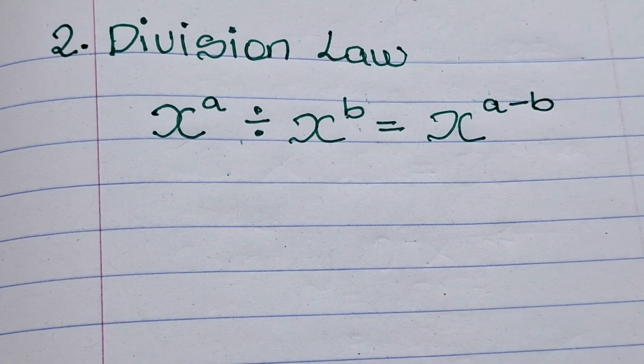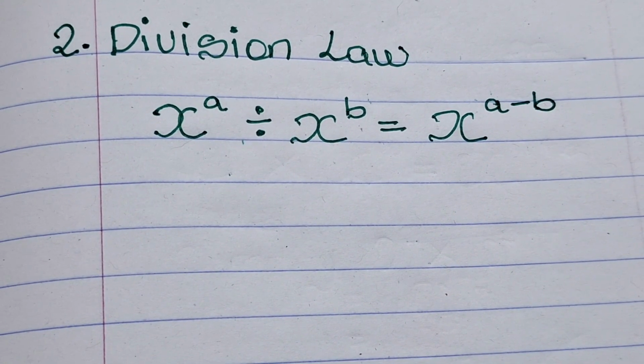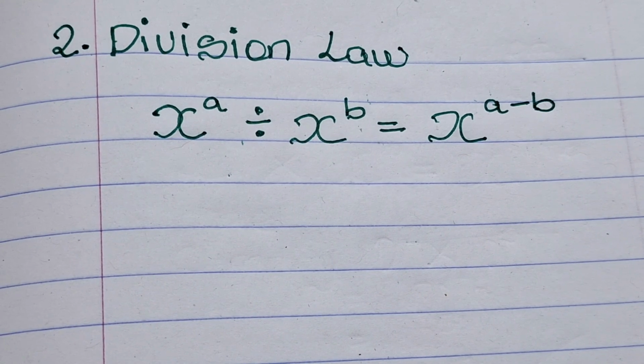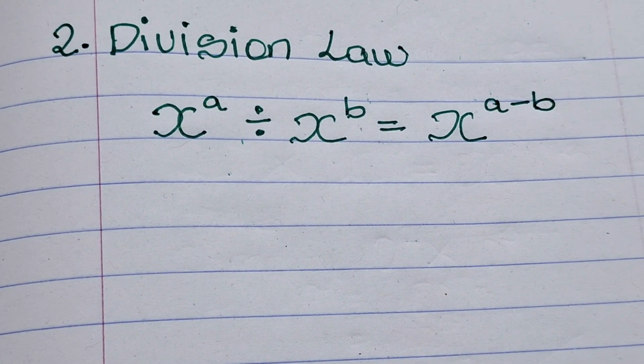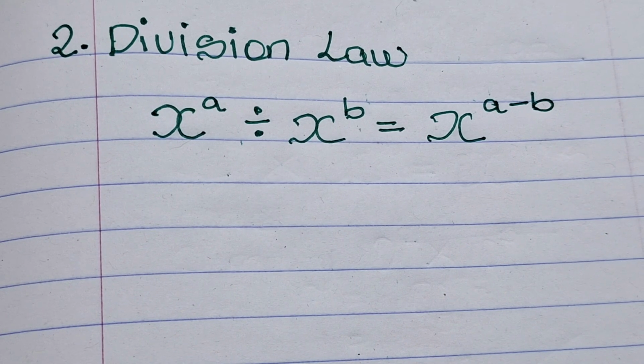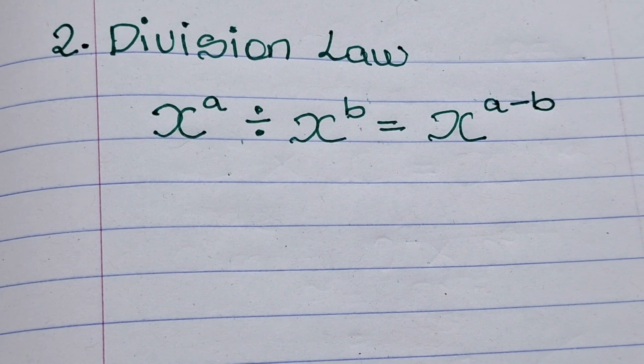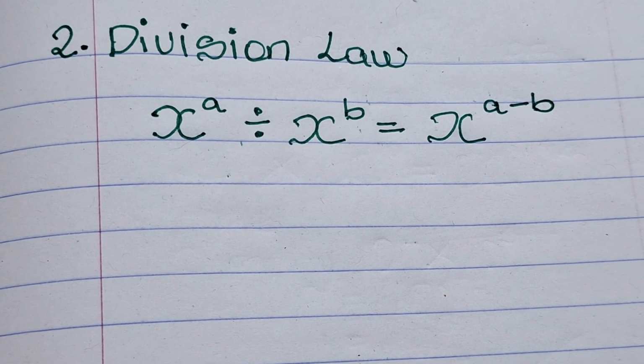So choose one of them and subtract their powers in this case. Remember, our multiplication law was to add their powers when they are multiplying each other. But now, x raised to the power of a is dividing x raised to the power of b, so you subtract their powers.